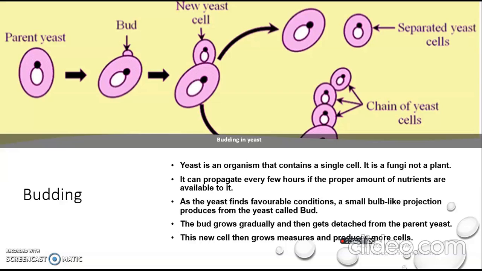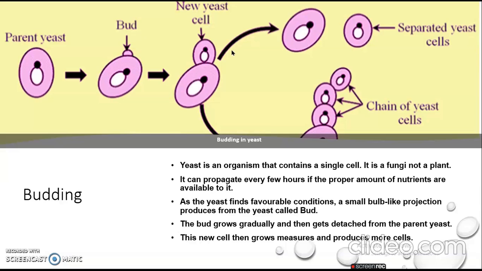These buds grow and then are detached from the parent yeast. This new cell then grows, matures and produces more cells. First there is the parent yeast, where the bud forms.